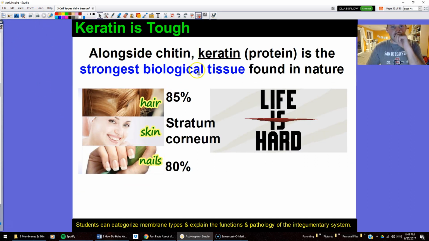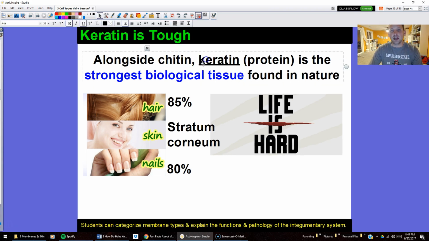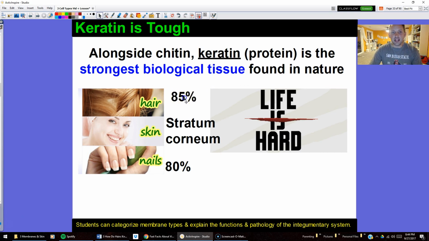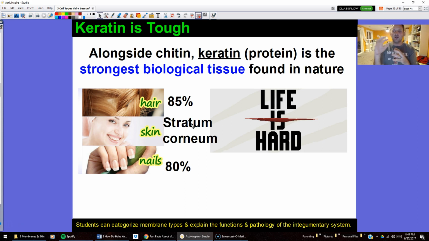So first one, chitin and keratin are two of the toughest proteins in the world. They are found all over in biology. Chitin in like the shells of beetles, keratin in our hair, all over the place in the biological world. In your body, 85% of your hair is keratin. Stratum corneum, that very, very top layer, is basically all a stratified squamous tissue of dead keratinocytes.